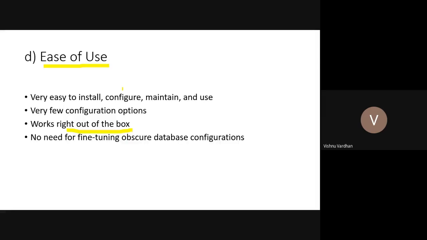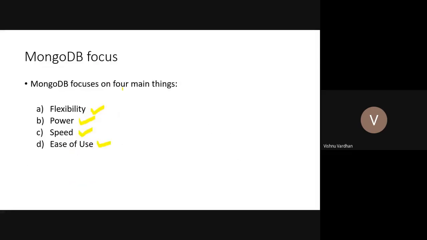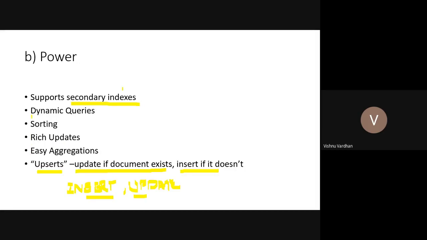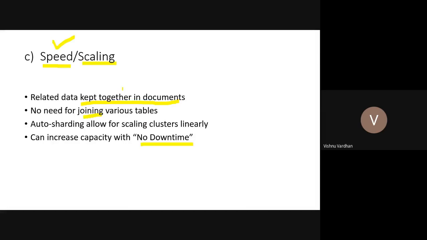Those are the main features MongoDB is focusing on. First one is flexibility, how flexibly we can create things. Then the power is inbuilt: dynamic queries, updates, upserts, all of these are part of the power-driven model we have. Then speed and scalability are also supported in the form of sharding and replication.